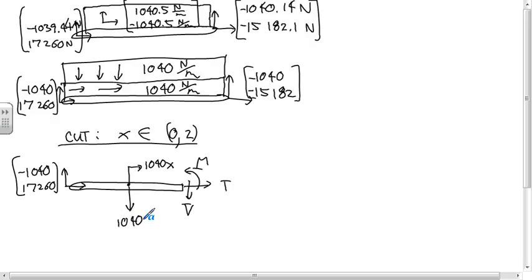Actually, I think my numbers were flipped over. My vectors. The one on the left, they're both positive, and the 17,260 is on top.